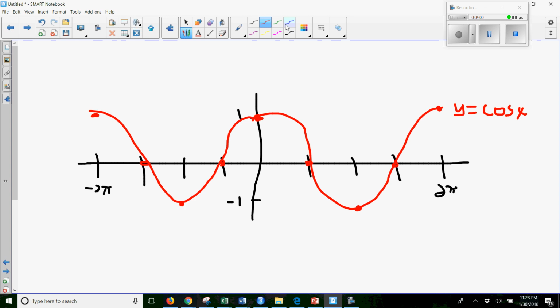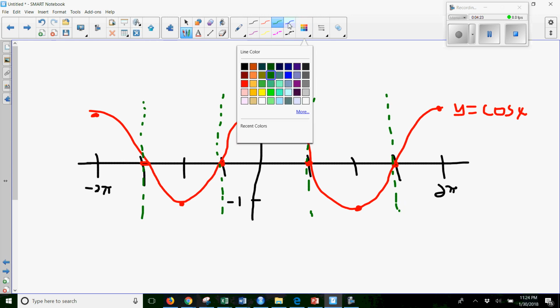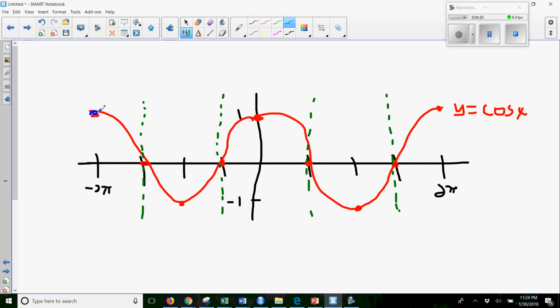Alright. Now, again, everywhere the cosine is 0, if we do 1 over cosine, those are going to be undefined. So that's going to be the secant x we're going to look at. So everywhere this is 0, secant's undefined. So just like we did with the sine, these points are going to get flipped up.